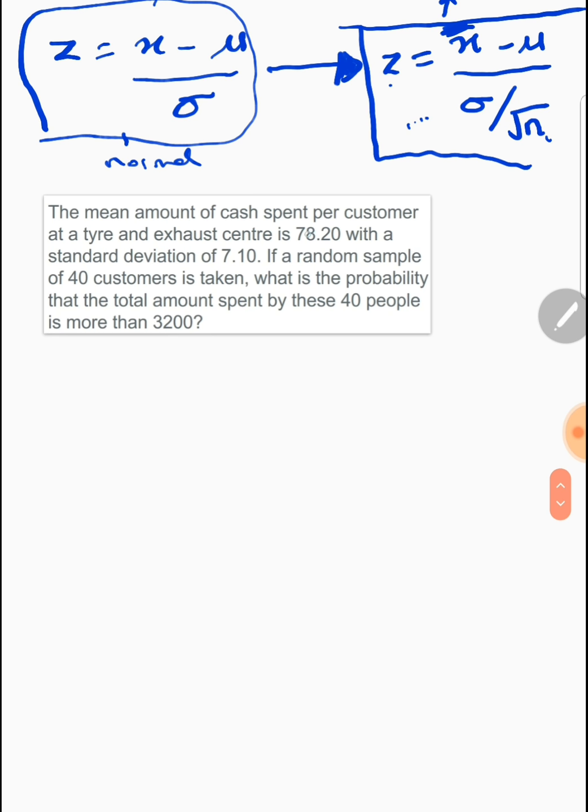So in this case, you know that the mean is actually 78.2, and the standard deviation, denoted by sigma, is 7.10. Now you have the mu, you have the standard deviation, and you take a random sample.